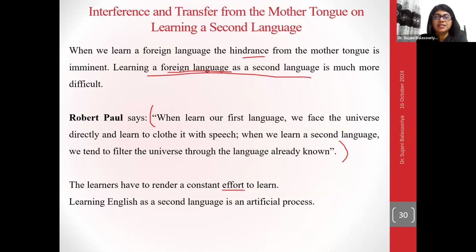Because of that reason, learning a foreign language or second language involves efforts, unlike the first language acquisition. And also it is an artificial process, not a natural process. This is another difference between first language acquisition and second language acquisition.